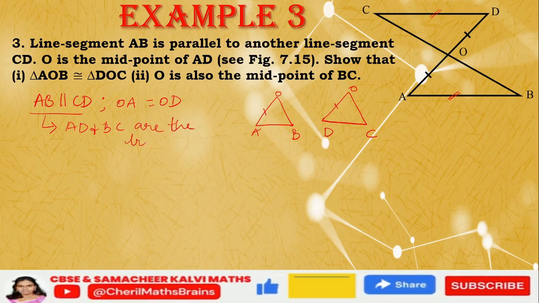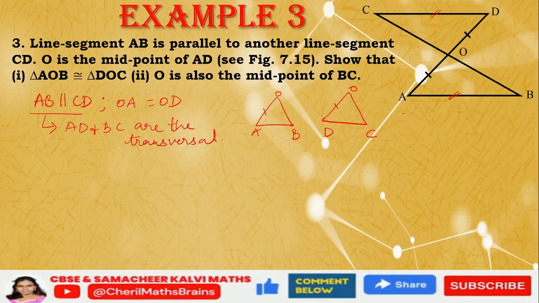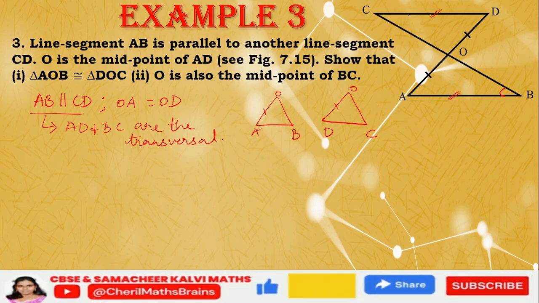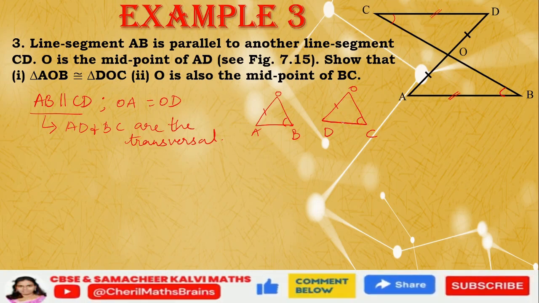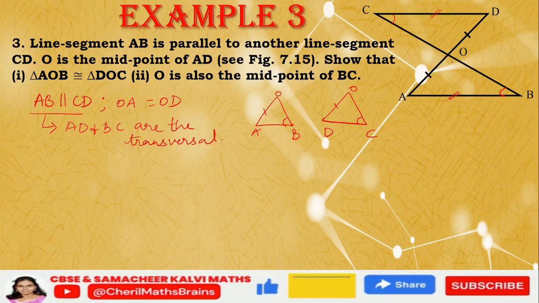Considering this, angle ABO is equal to angle DCO. Isn't it, children? Likewise, we can also say that angle BAO is equal to angle ODC.